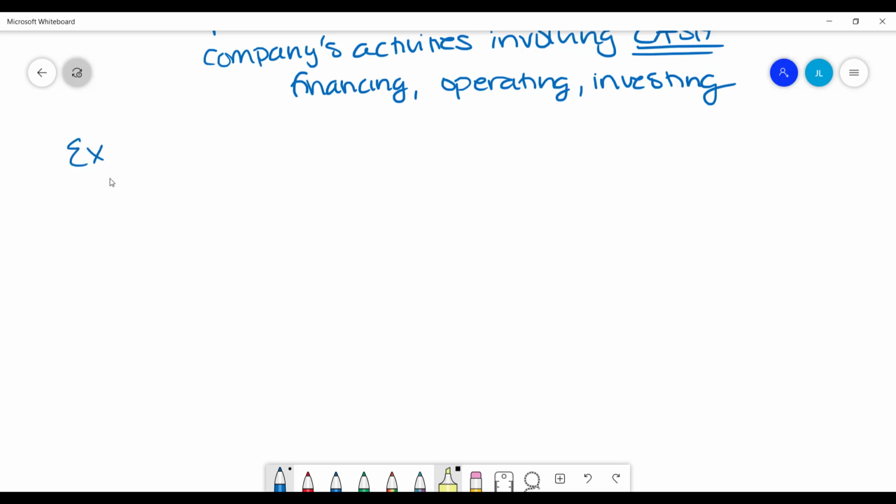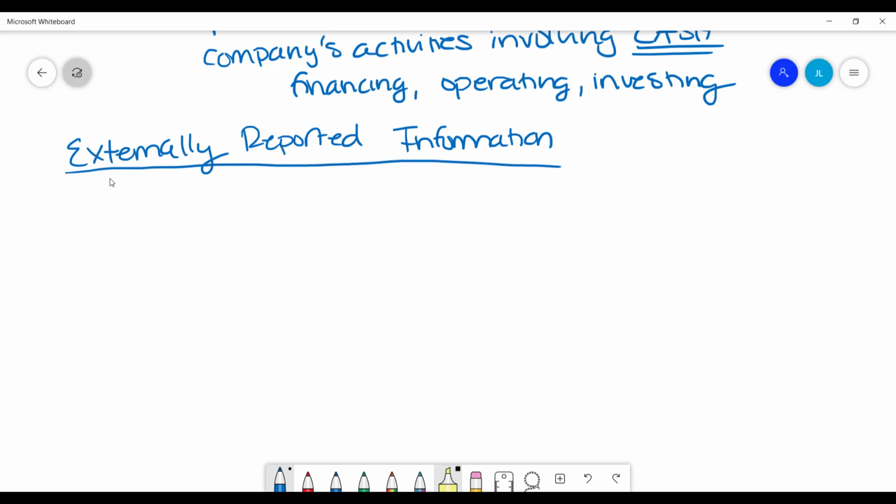All right. So with financial accounting, we're working with externally reported information. We're actually gathering and putting together that information to be externally reported. So what are some characteristics of externally reported information?